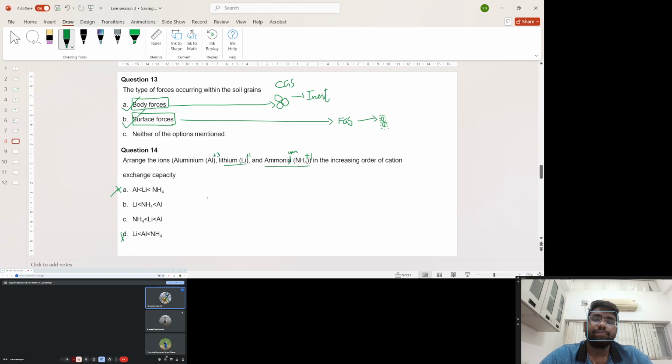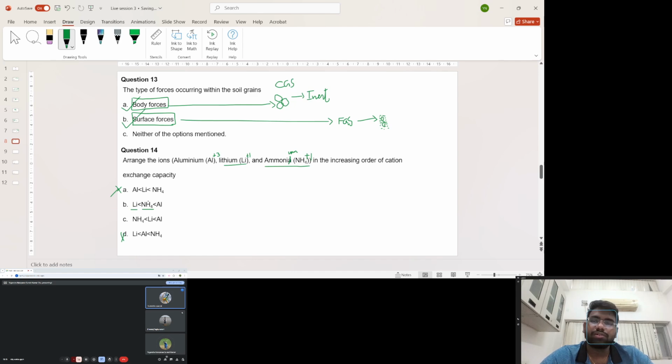I think ammonium already has nitrogen and hydrogen bonded. But the valency is one, right? That is also correct, but lithium is single. The next condition you have to consider is ionic size. So ammonium has higher ionic size, so ammonium's cation exchange capacity will be more, followed by lithium.